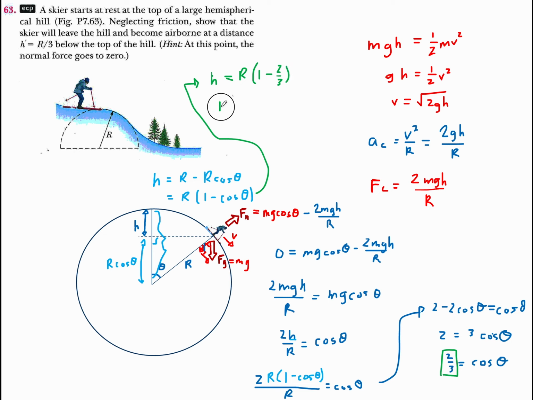And we discover the height is equal to r times 1/3, or just r over 3. And that is the answer to this one. The skier will become airborne, the normal force will drop to 0, when the height is equal to r over 3. I know, pretty crazy, but doable.